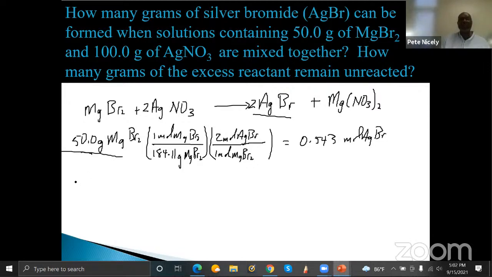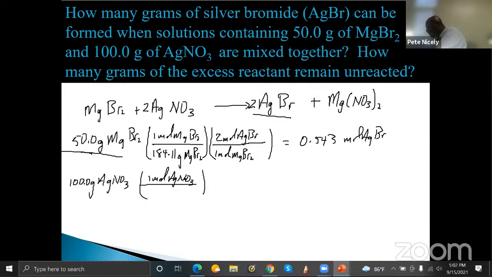So what I'm going to do now is start off with 100.0 grams of silver nitrate. I'll convert that to moles. So we're going to have 1 mole of AgNO3 above as a numerator. And below, I'm going to have the molar mass. According to my calculator, that's 169.87 grams of AgNO3.